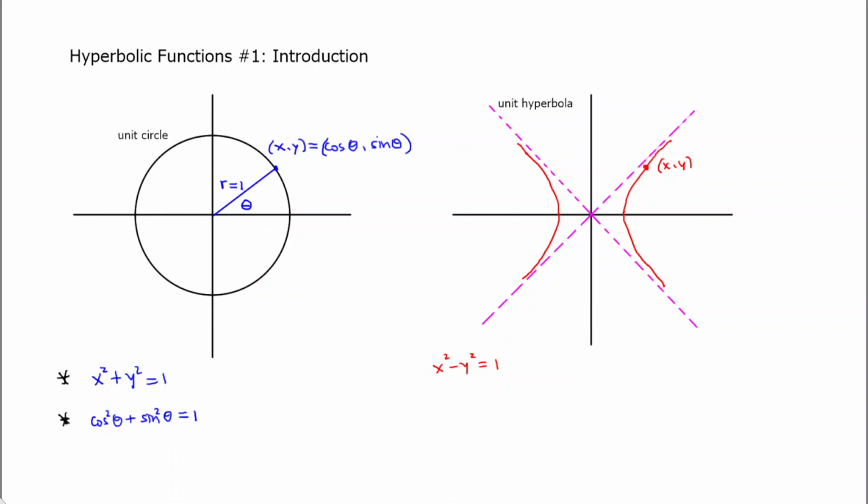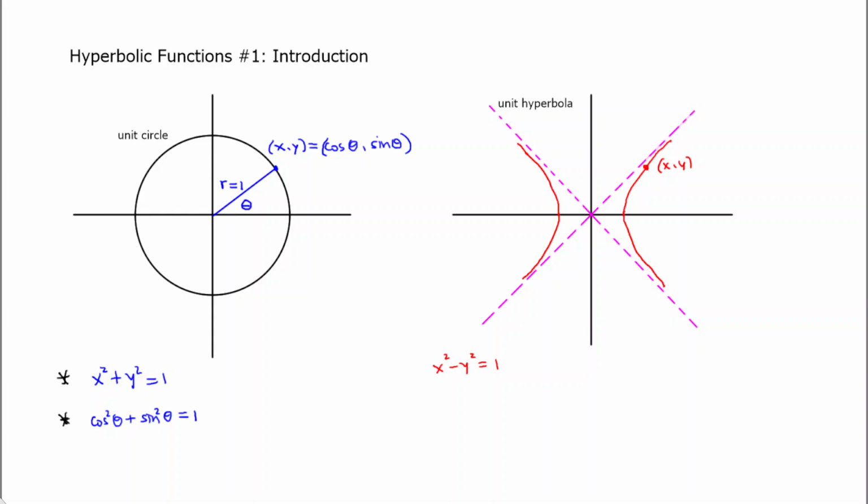And we actually come up with something called a hyperbola, and in particular a so-called unit hyperbola. So if we have instead x squared minus y squared equals 1, we get the shape you see on the right, with some dashed asymptotes. Those are lines that the curve approaches as it travels further in the diagonal directions, as you see there.